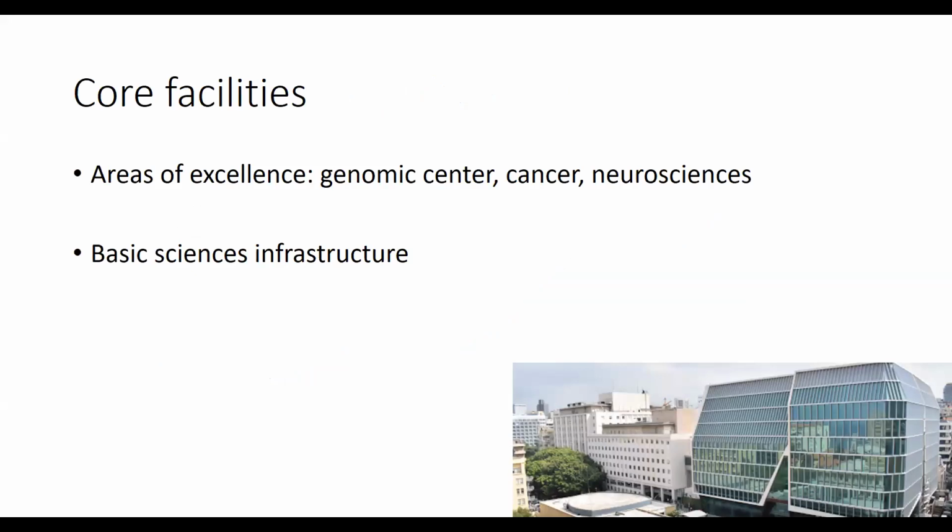And the other important part in terms of the support of the leadership is the building of new core facilities for basic sciences, but also for other centers like the Genomic Center, the Center for Excellence in Cancer and Neurosciences.